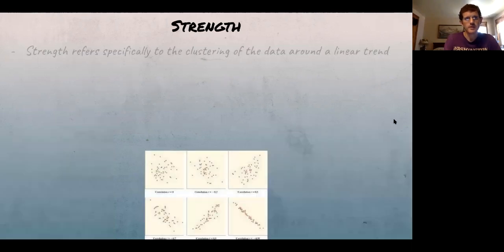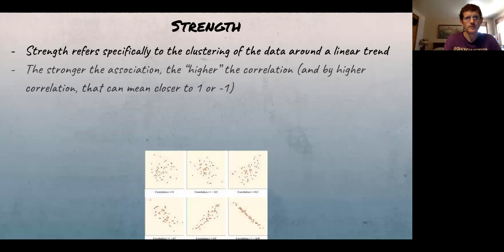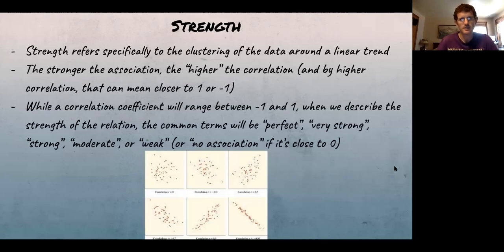Okay, and the last one is strength. So when you look at your scatter plots, you can describe them with a numerical amount. You remember that it's between 1 and -1. But generally you'd say something like, it's a very strong, or a moderate, or a weak correlation, or a perfect association.